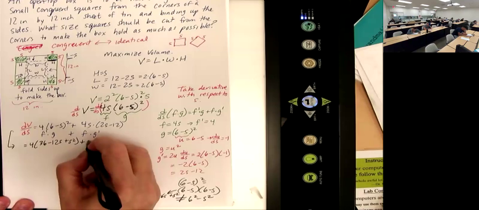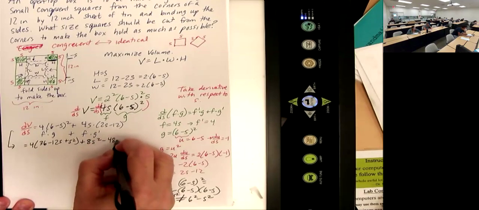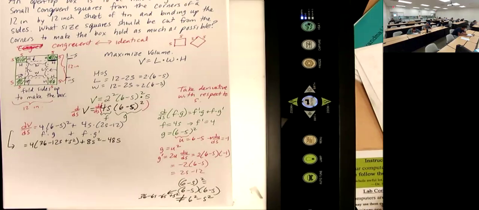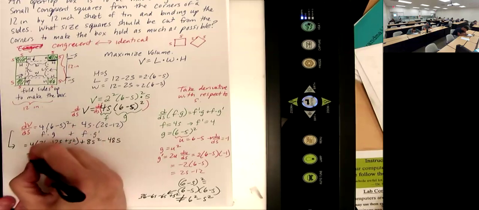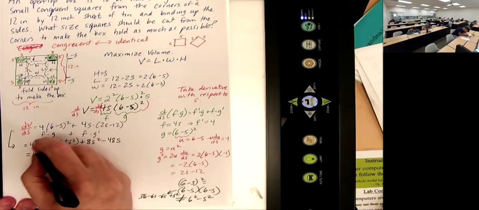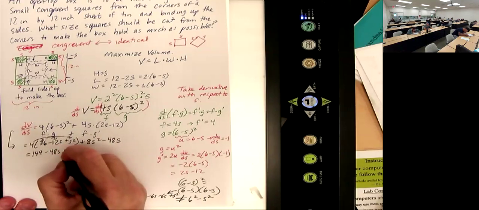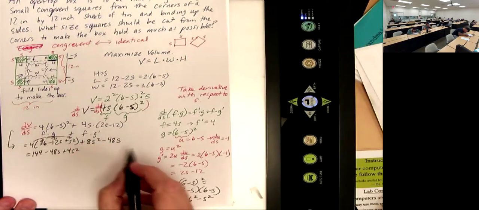And if I distribute this, I have 8s squared minus 48s. If I keep going, this is 144 after distributing the 4 to everything, minus 48s, plus 4s squared.